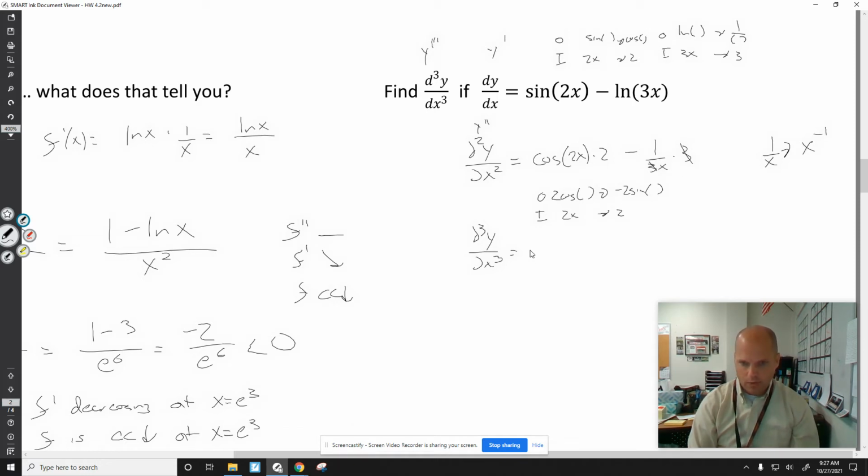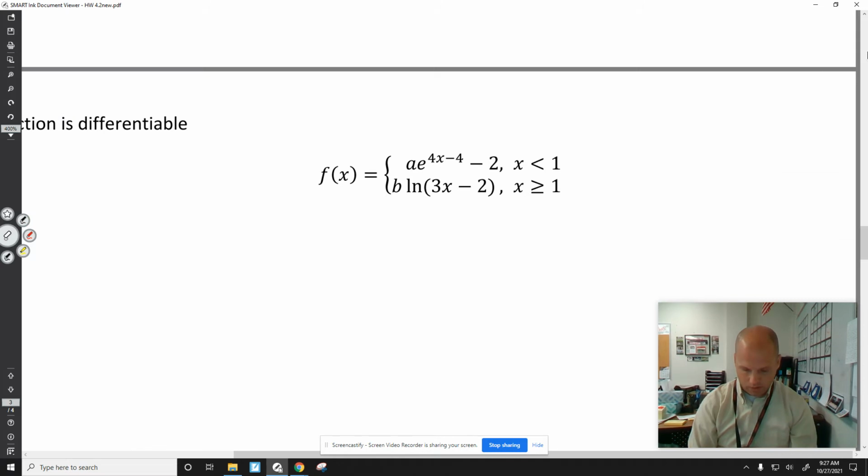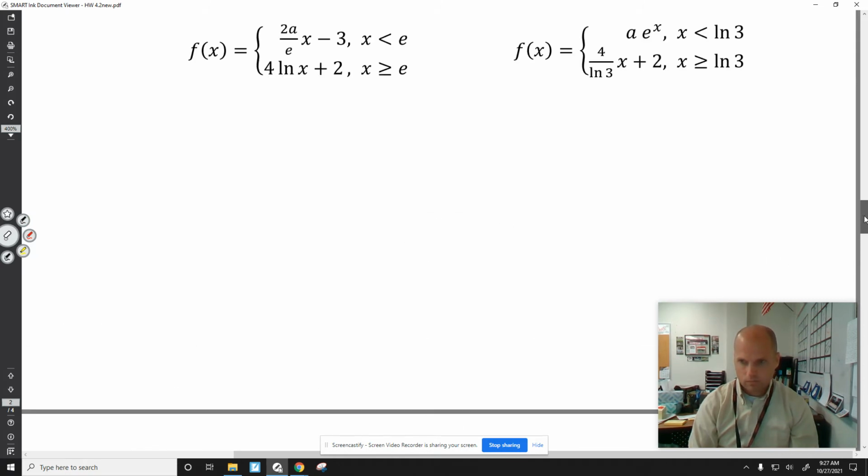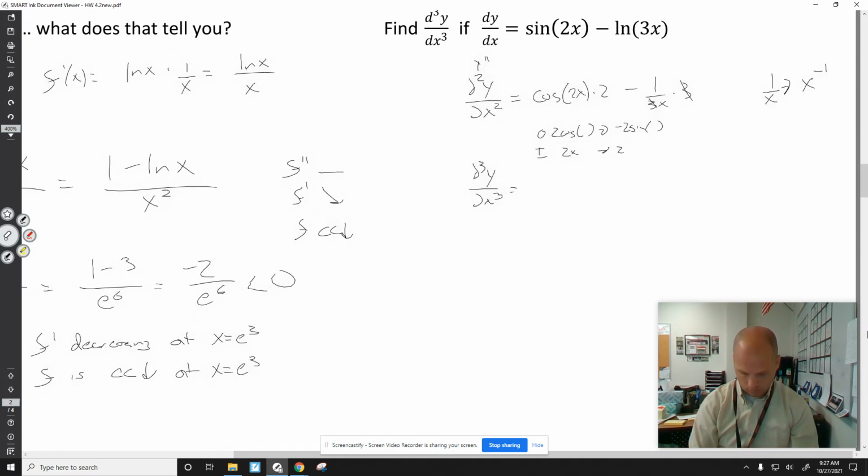So here's my third derivative. Let me give myself some space here. I have negative 2 sine 2x times 2.